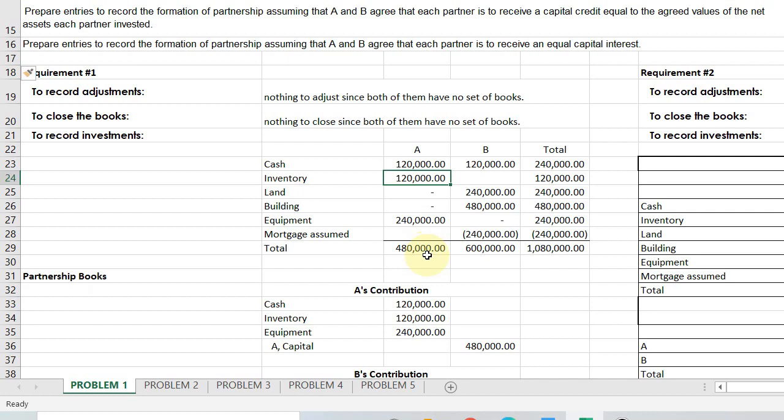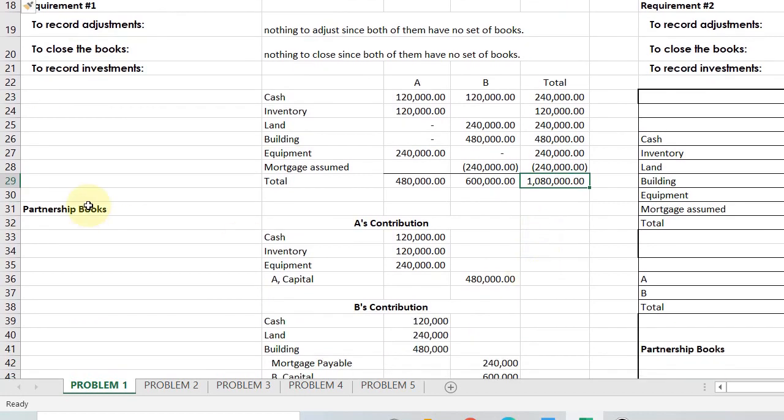Okay, that's the net assets of A. For B, he contributed cash, land, building, equipment none, mortgage assumed, yes, so deduction. So total net assets contributed is 600,000. When you add the cash, inventory, land, building, equipment, and mortgage assumed, you have the total contributed to the partnership of 1,080,000.